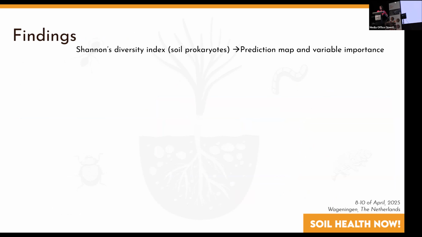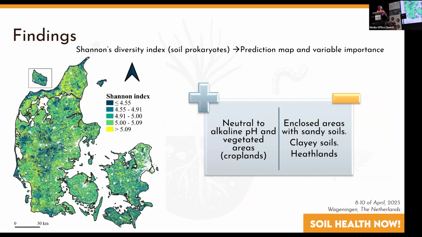I will show you the prediction map and also the variable importance like this. For the Shannon index, we have different values. It's an interesting pattern for us, for Denmark, for this alpha diversity. We have low values in Western Denmark, but also in the central part and also in southeastern Denmark. And these spatial patterns are related to the variables that you can see on the right.